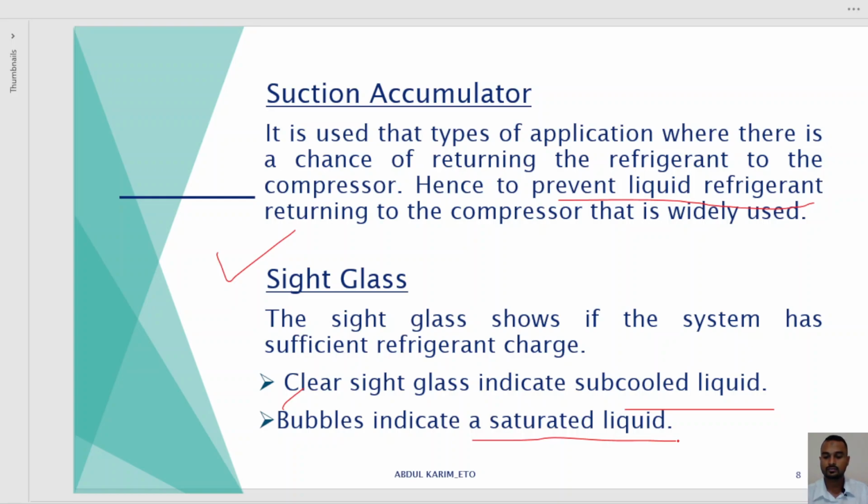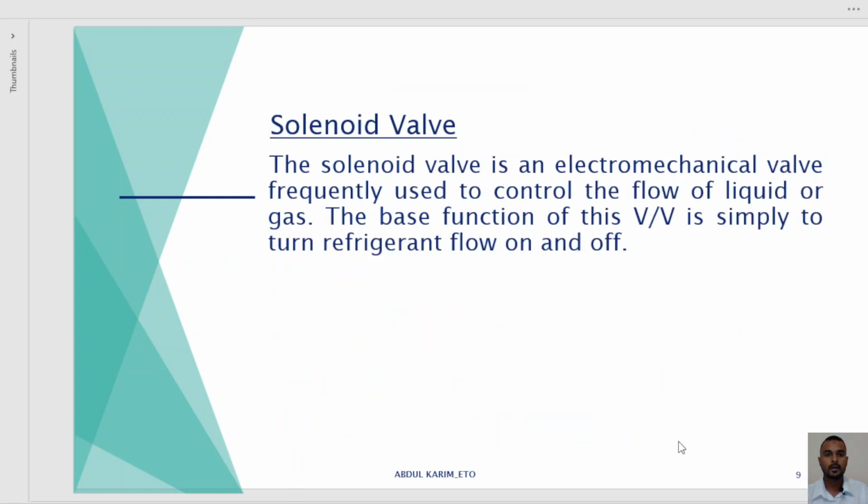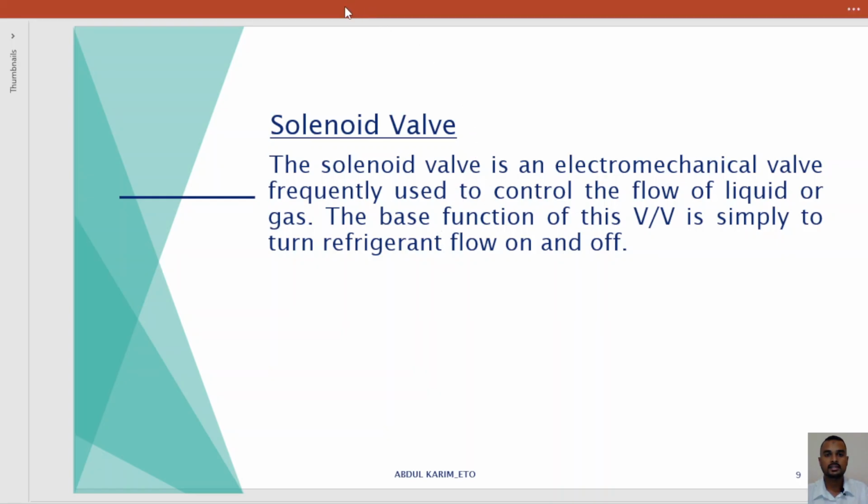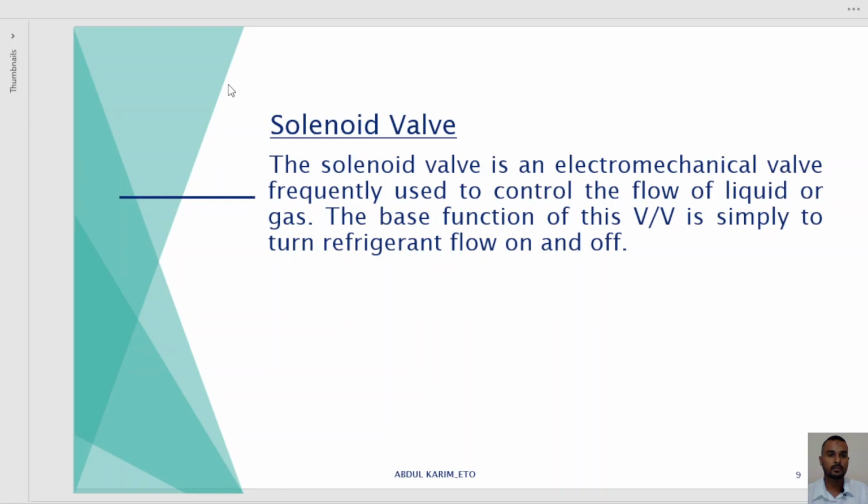Then next, the solenoid valve. Okay, the solenoid valve is an electromechanical device. It works according to the signal it gets from the evaporator chamber. When the evaporator is heating up, at that instant the solenoid valve will be open.